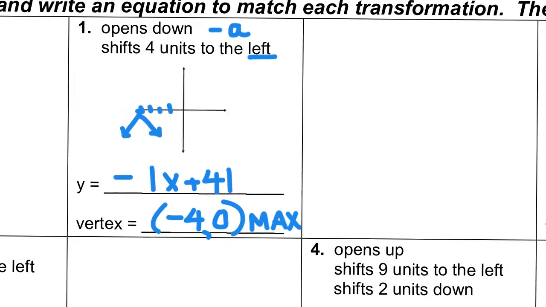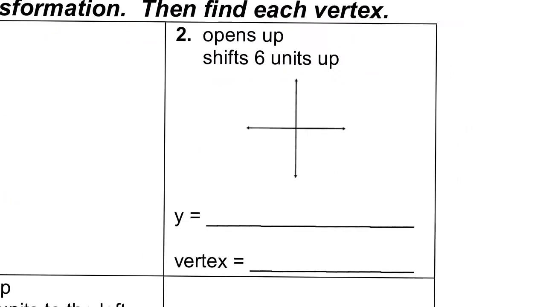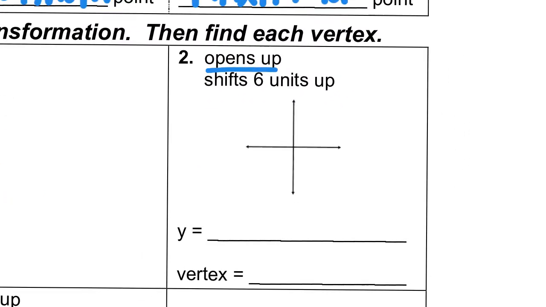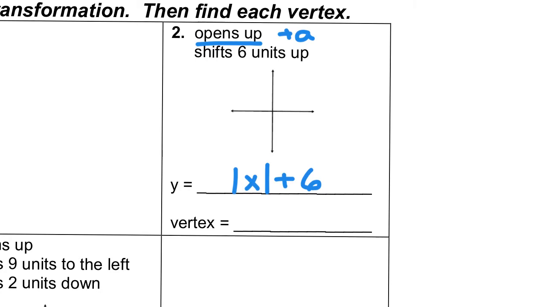Let's look at our second example. This time it opens up, so my a is going to be positive. It shifts 6 up. I like it when it shifts up because I know that's going to be outside of the absolute value symbol. And it's not counterintuitive.